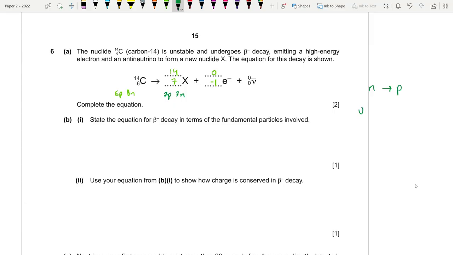A neutron is basically UDD. It was converted to UUD, right? So in terms of fundamental particles, one down quark disintegrated to form an up quark, a high speed electron, and an electron antineutrino. Or you could say UDD was converted to UUD plus electron antineutrino.